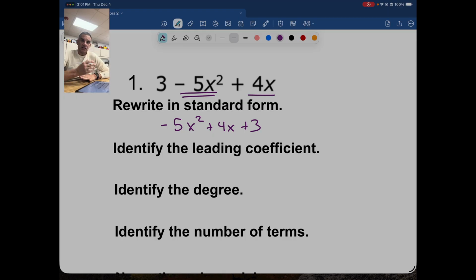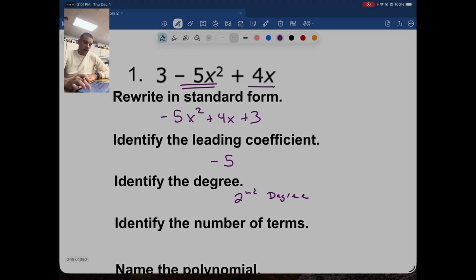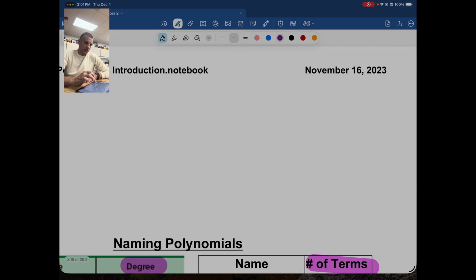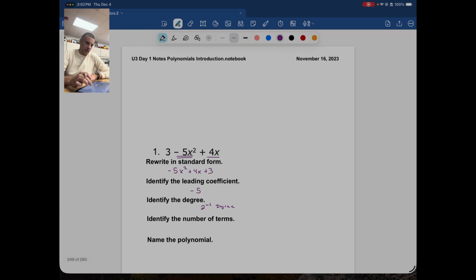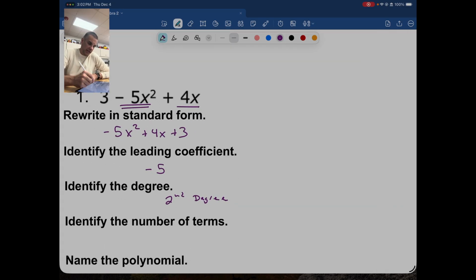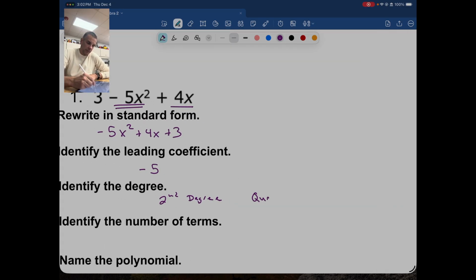Identify the leading coefficient. What's the first number? First number is negative 5. Identify the degree. What's the exponent of our leading term, which is squared? So it's a 2nd degree. We have a name for 2nd degree. Flip back to our chart: 2nd degree is quadratic.